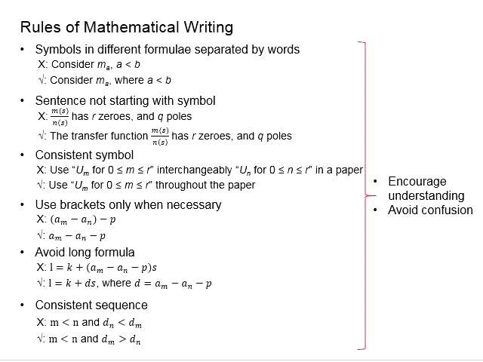Out of the several rules that we have demonstrated in the previous videos, the ultimate goal here is to help the readers to understand and to avoid any unnecessary confusion. You will need to ensure consistency, as well as overcome the complexity of the formulas and equations. The consistency may involve the usage of the symbols, as well as the sequence of the symbols being used.